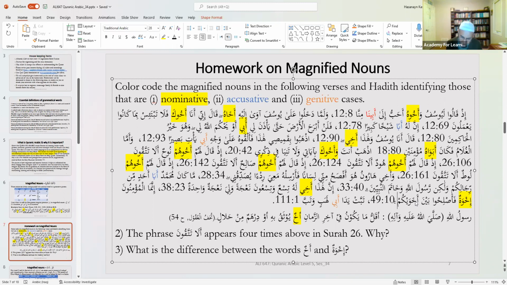Also it says nominative. I have to again park this thing. Okay, I'm going to park this.